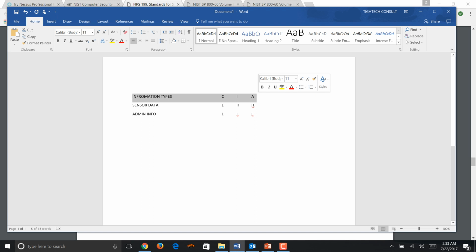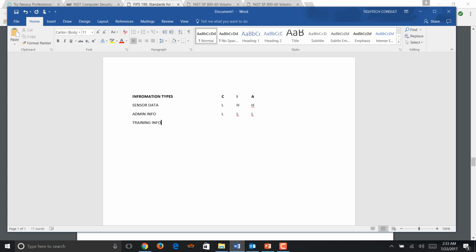I'm going to add one information type here so as to help us understand this. So let us assume that we have an additional information type that resides inside this SCADA system. And let us assume that this is training information.